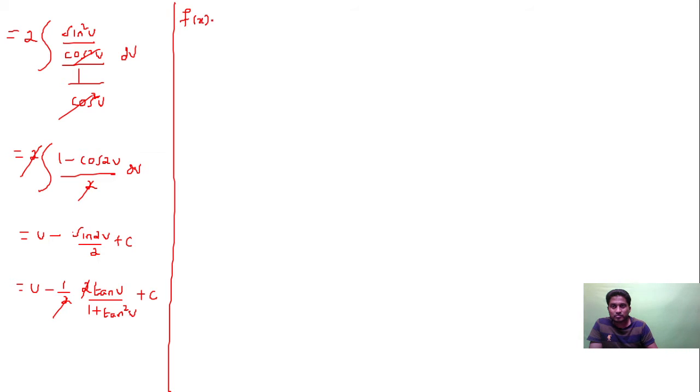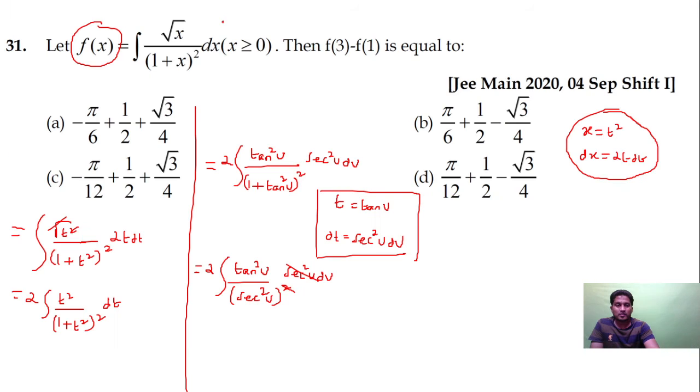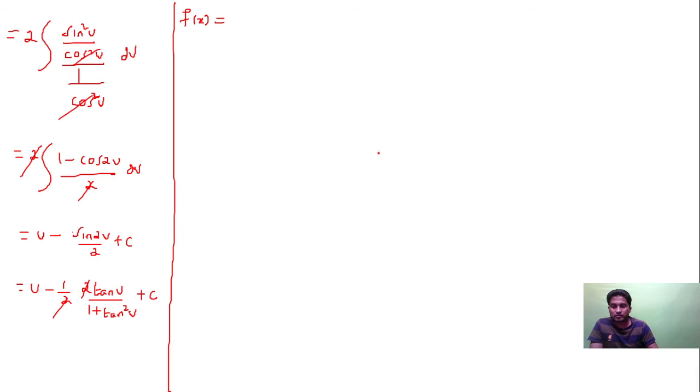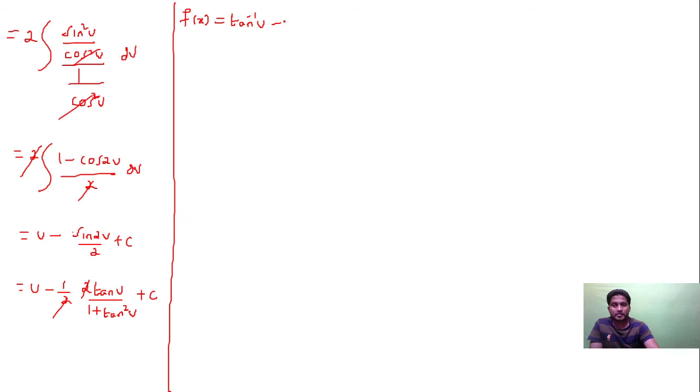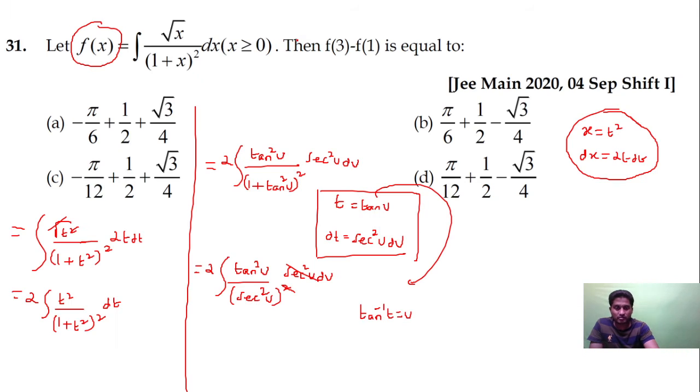If I substitute here, f(x) is equal to, what's the value of u now? From this, tan u is equal to t, so u is equal to tan inverse of t.